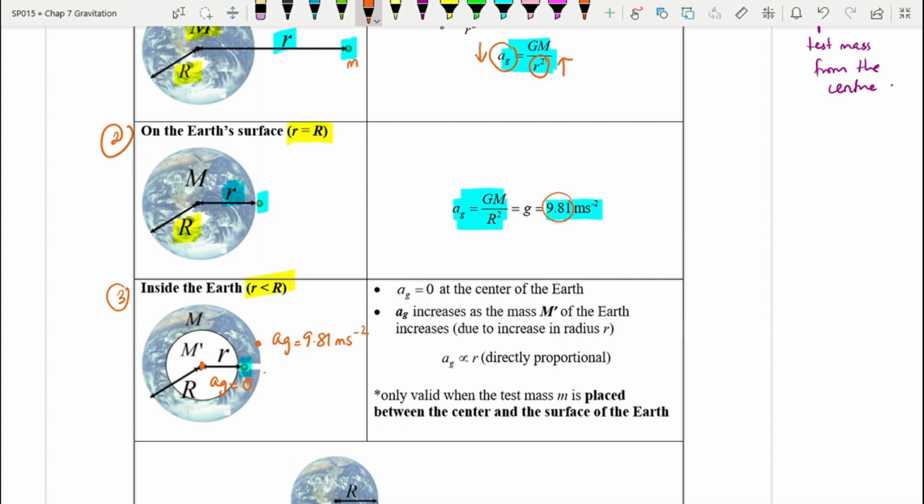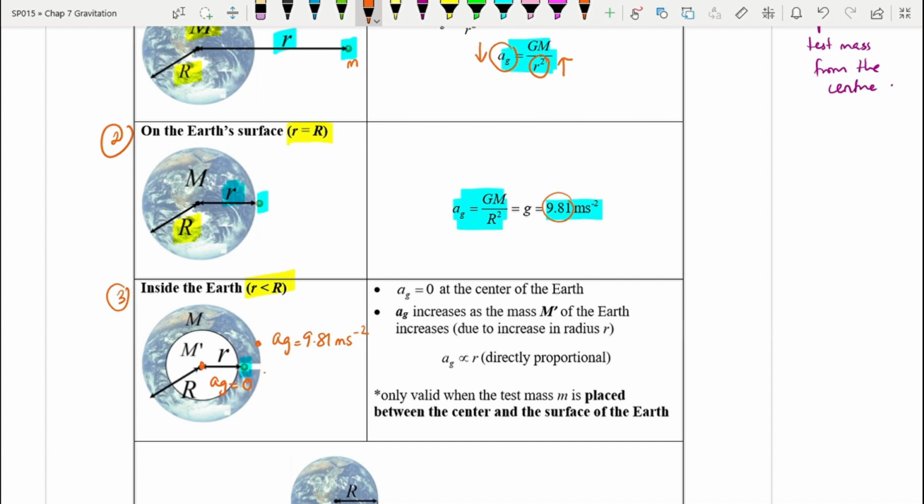Okay, sebab apa yang berlaku dekat sini, kita tak boleh simply gunakan the whole radius of earth tau, sebab dia dah jadi kurang daripada radius of earth. Jadi semakin jauh test mass tu daripada center, semakin tinggi nilai a_g tu sampailah dia boleh jadi 9.81.